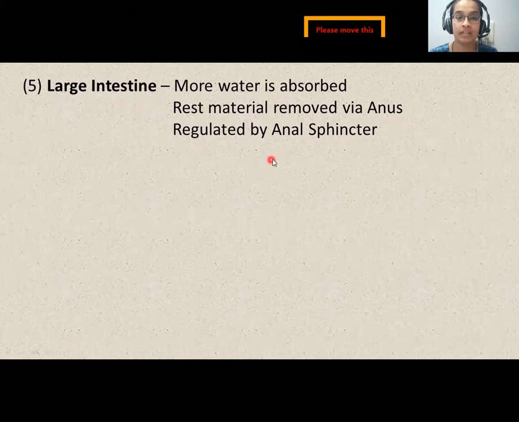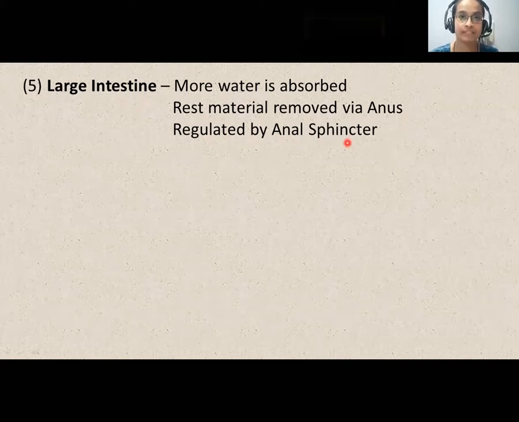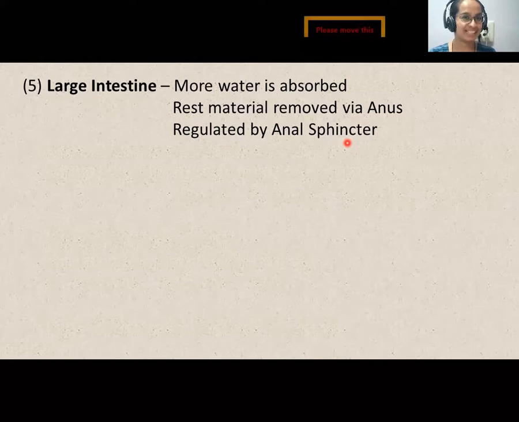At the end, the removal of the waste material is regulated by the anal sphincter. A sphincter is a type of muscle that regulates the flow of material from one organ or part of the body to another.